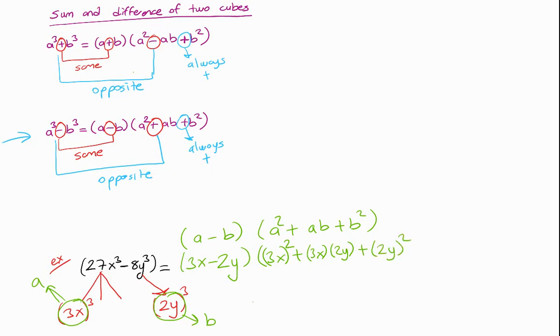When I simplify this again: 3x minus 2y, times 3x squared is 9x squared plus 3x and 2y, which is 6xy, plus 2y squared is 4y squared. Yes, I think it's correct.